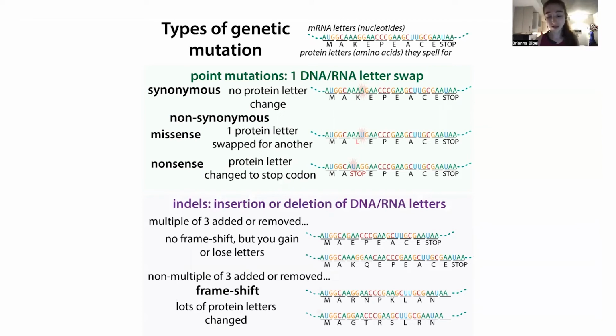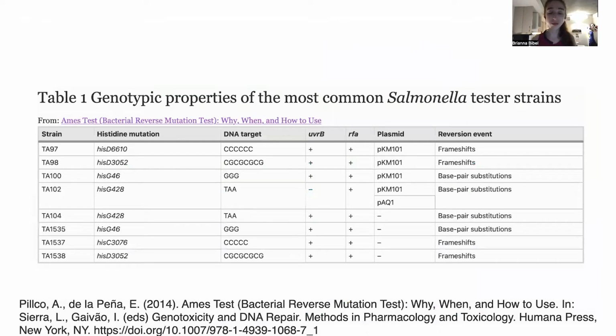Different mutagens are more likely to cause different types of mutations, and therefore you often use different bacterial strains to detect different types, since different mutagens might have a propensity for introducing, say, a point mutation, a simple letter swap, which is also called a base pair substitution, or a frame shift.